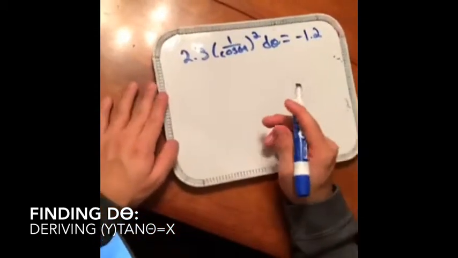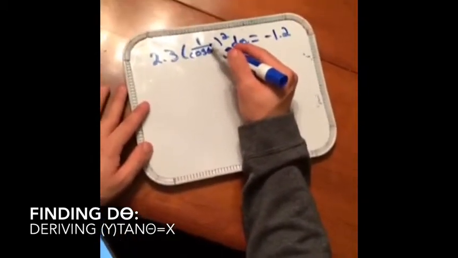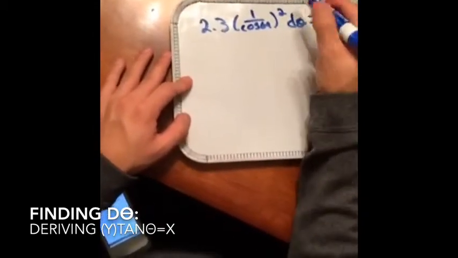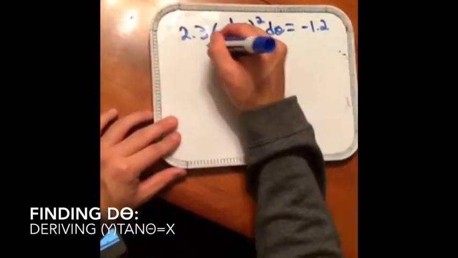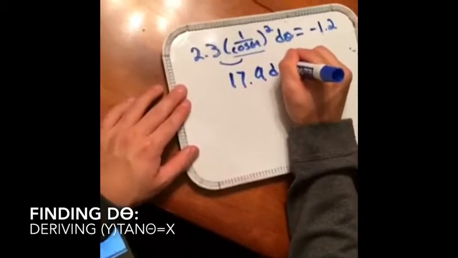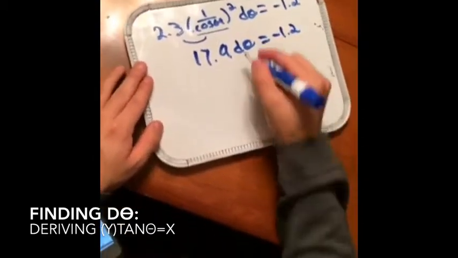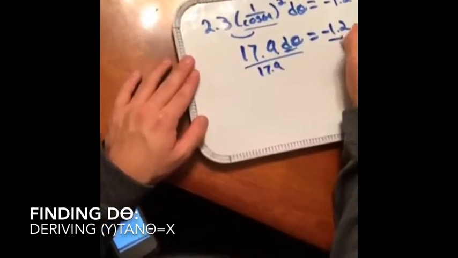So in our calculators, we plugged in cosine of 69, put that underneath 1, and then squared that. Then we times this whole thing that we just found times 2.3. This gives us 17.9 d theta is equal to negative 1.2. Now since we're solving for d theta, we're going to divide by 17.9.